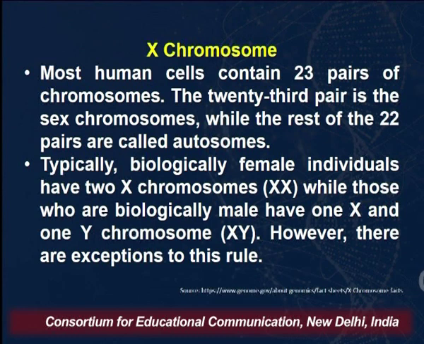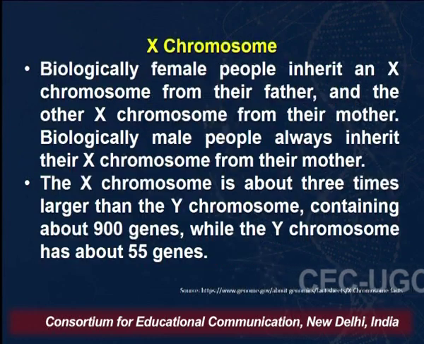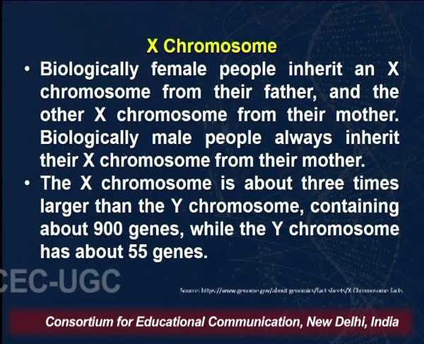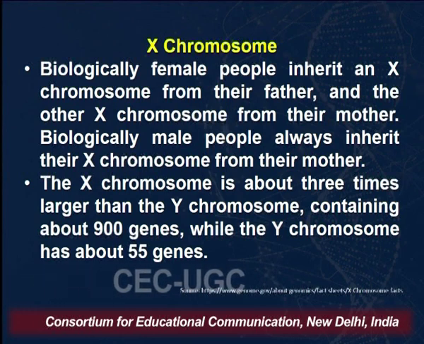autosomes. So, biological females have 2 X chromosomes, often referred to as XX, while in the case of males there is 1 X chromosome and 1 Y chromosome, though there are some exceptions to this rule. Now, the female inherits 1 X chromosome from her father, while the other X chromosome comes from the mother.